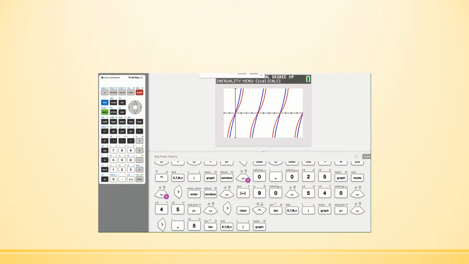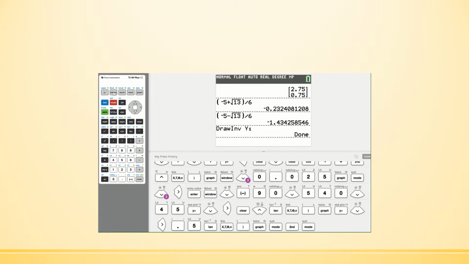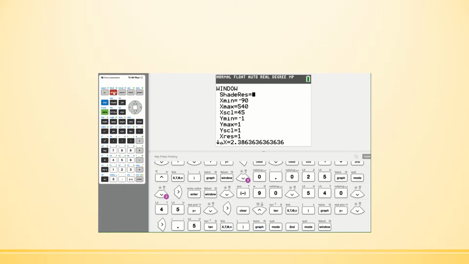All right, well, here we are. We're going to graph the cosecant of 2 theta. First thing I want to do is check my mode. I'm dealing with degrees. I verify I'm in degree mode, so that seems to be good. And I'm going to take a peek at my window settings. Let's see. We've got a period that's 180.